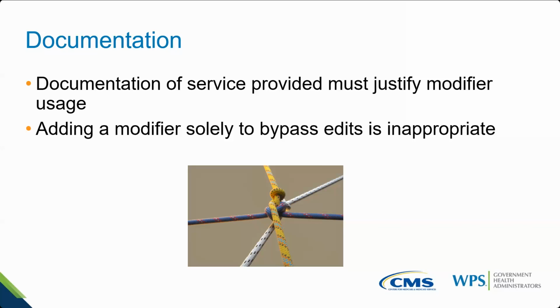So that's all a reviewer has. We can't see the patient. We don't know how your facility is laid out or what your office is like. And so we rely on that documentation to justify the service and also modifier usage.